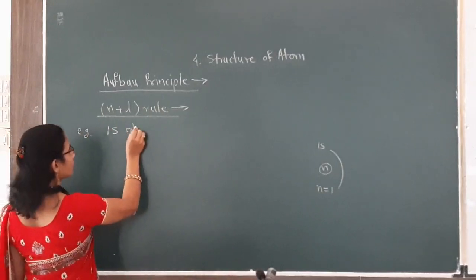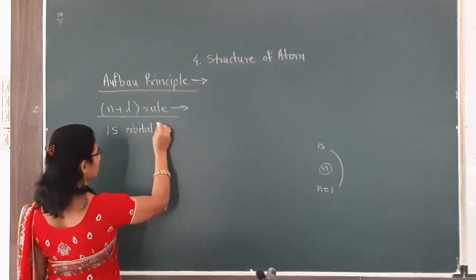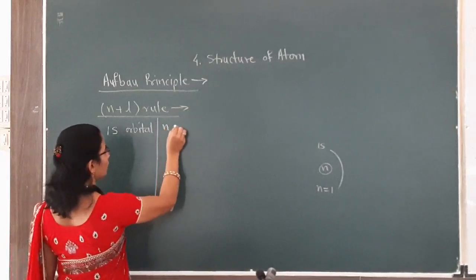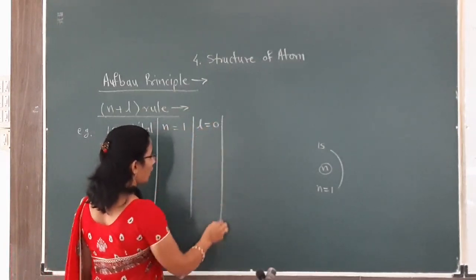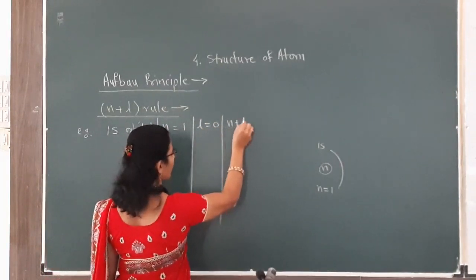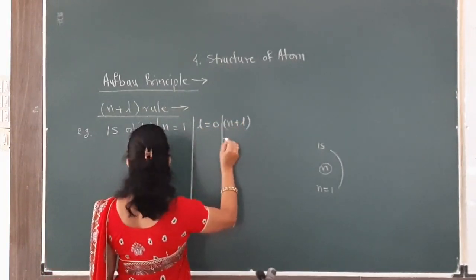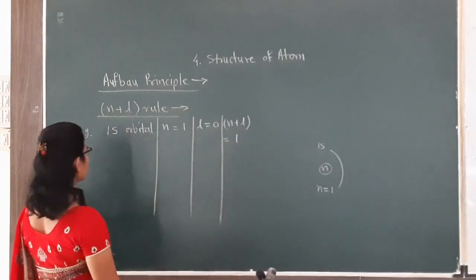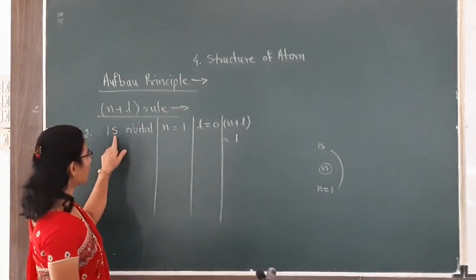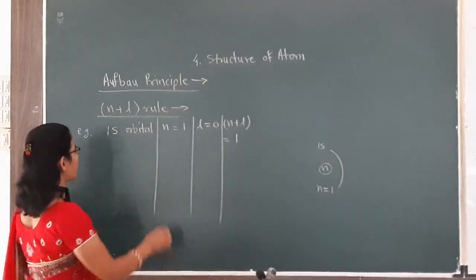Now for the 1s orbital, we know that n is equal to 1 and l is equal to 0, and therefore the value of n plus l will become equal to 1 plus 0, that is 1. So this is the orbital which is having lowest energy.